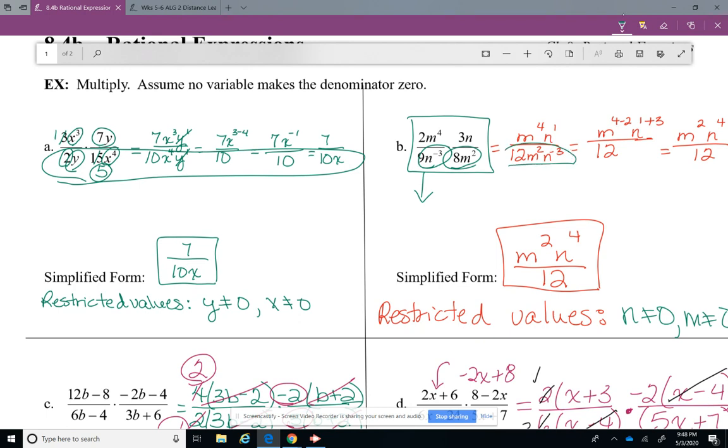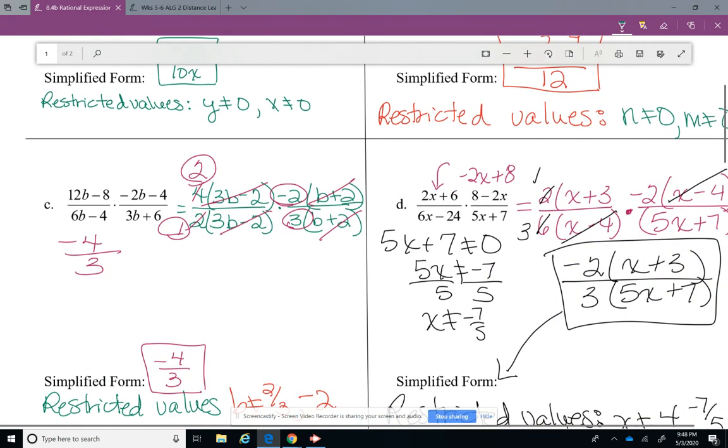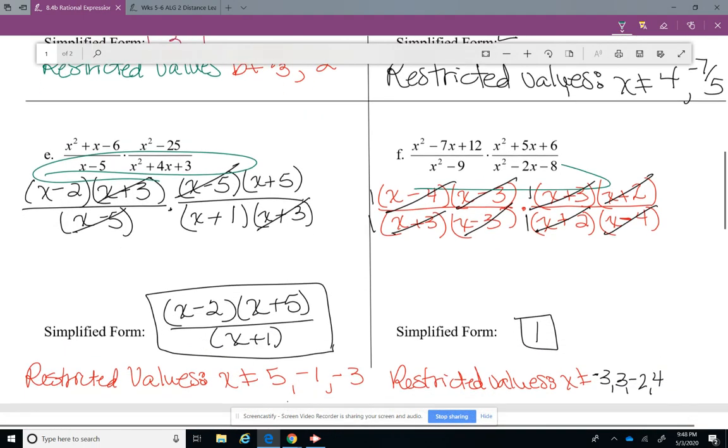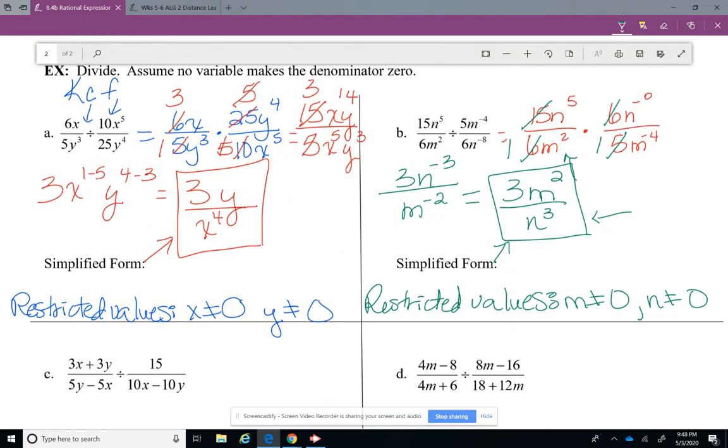M and N were both there here. B's were in the denominator. X's were in the denominator. Then on the back, when we went to this section, the X and the Y were in the denominator. But in this one, it was just the M that was in the denominator, but then when we got to our final answer, N was in the denominator. So we had to take care of that as well.